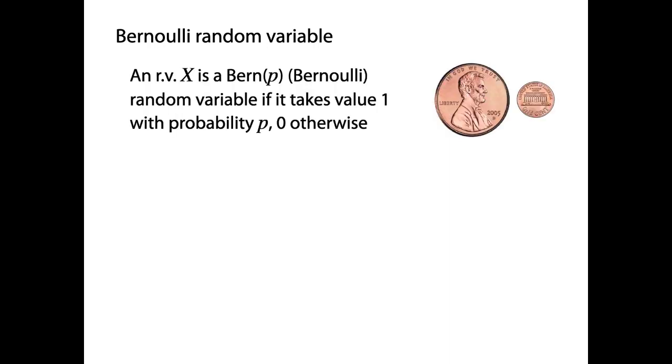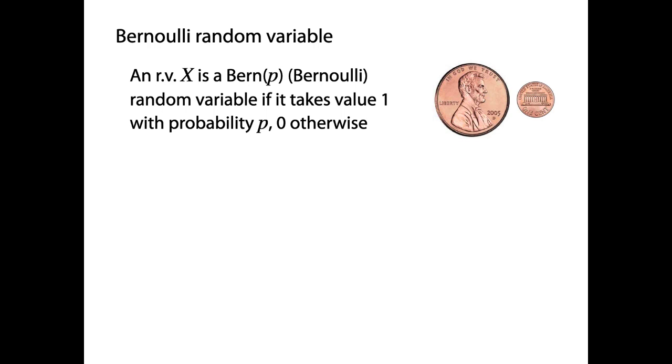We'd say a random variable X is a Bernoulli p random variable, where p is a parameter, if it takes value 1 with probability p, or 0 otherwise, meaning with probability 1 minus p.